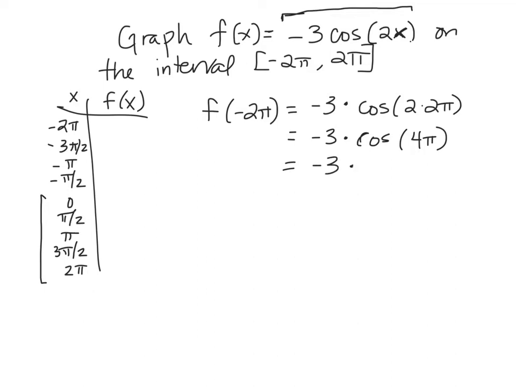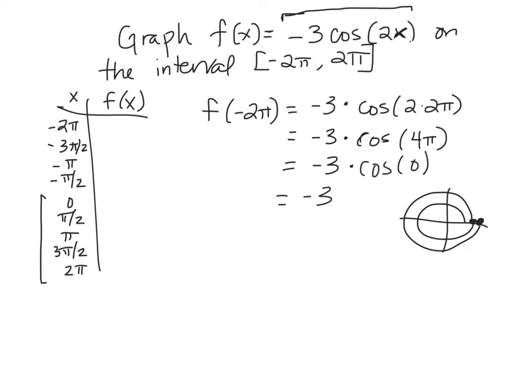What is cosine of 4 pi? 2 pi would be a full circle, and then another 2 pi would be another full circle. So it's basically the same thing as cosine of 0.